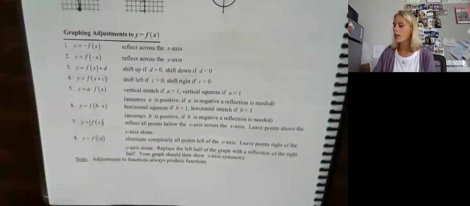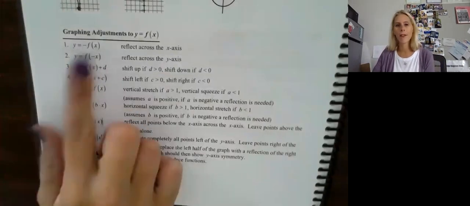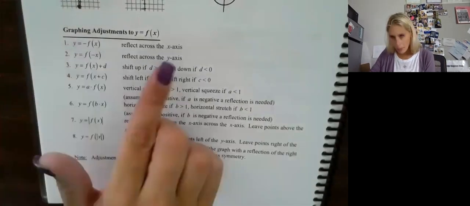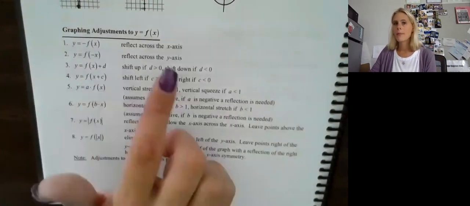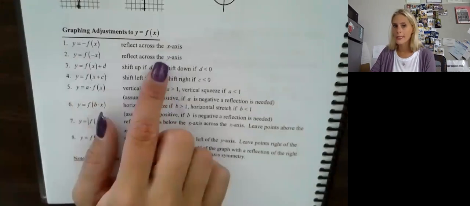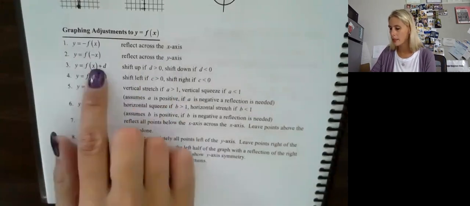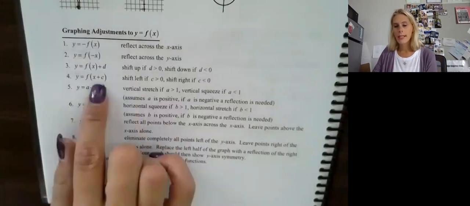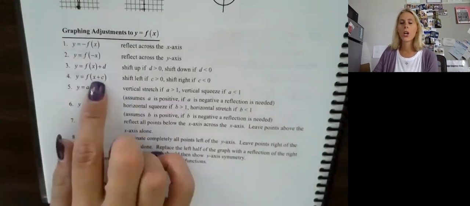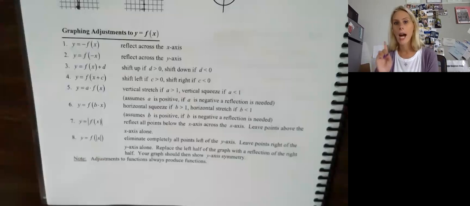This is the hard part. Let's remember that a negative out front makes it flip over the x-axis. X inside makes it flip over the y-axis. Adding on the outside makes it go up or down. Adding on the inside goes left or right, but it's the opposite.